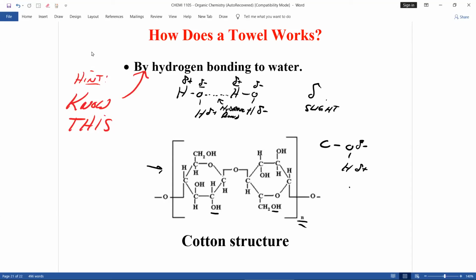And if I have water, you can have hydrogen bonding between the cotton and water.